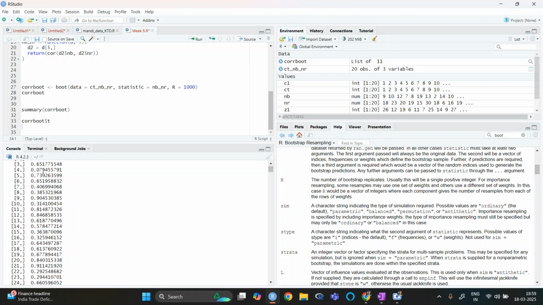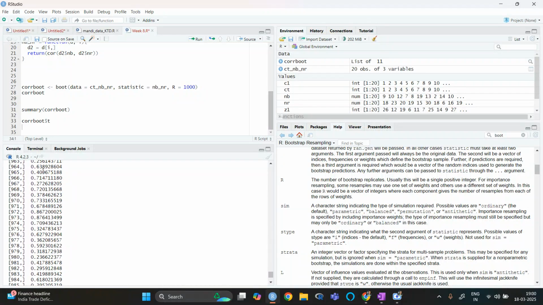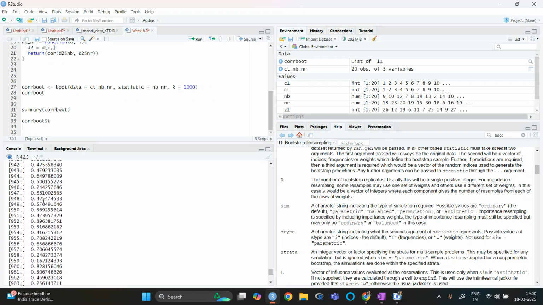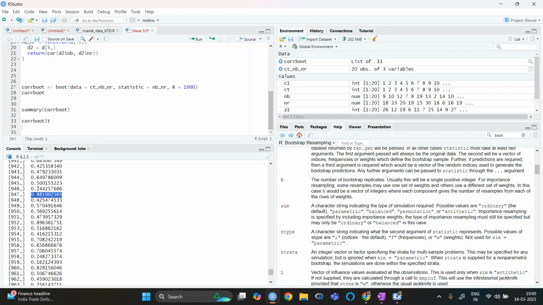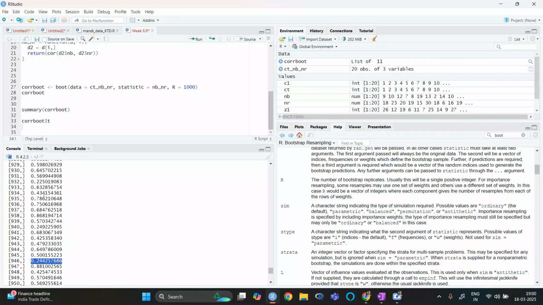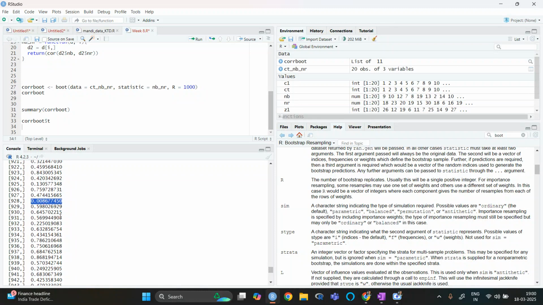But when you take for overall 1,000, it will be better. So biasness for overall is less. Sometimes it is very less, sometimes you can see it is very high, it is 0.79, sometimes it is more high, 0.86, 0.87, and 0.88, and sometimes it is very low, which is 0.24, or here 0.00867, so almost no correlation. So the samples it has taken, this is the correlation of these.